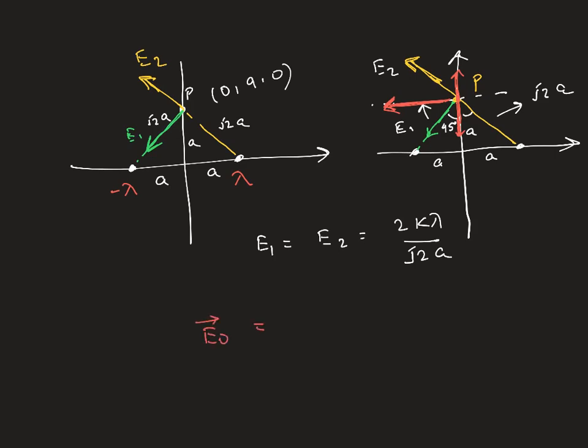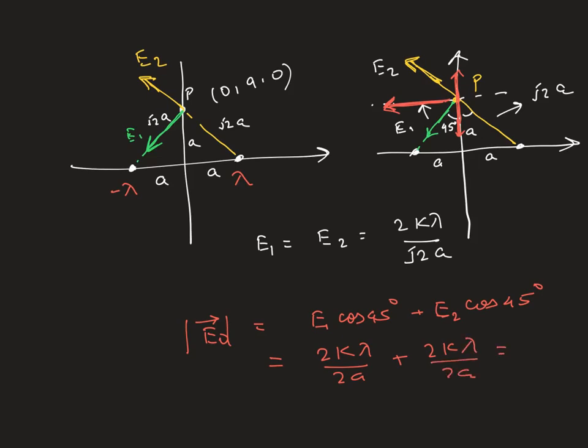So what is the net field? The net field is going to be E1 cos 45 plus E2 cos 45. So that is going to be 2k lambda by 2a plus 2k lambda by 2a, and that will be equal to 2k lambda by a.